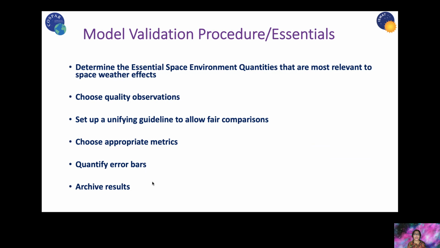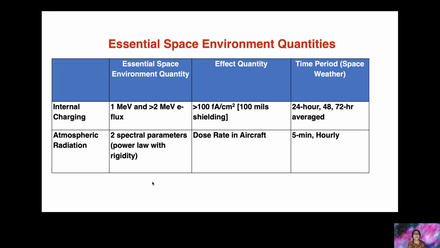And also choose the quality observations for model-data comparison, set up a unifying guideline to allow fair comparisons, and choose the appropriate metrics. And then we have to quantify error bars, which is often a challenging task. And then we have to archive the results.